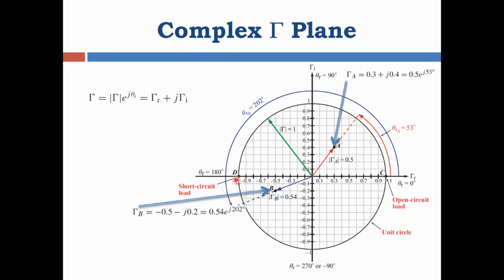And -1 is written as 1 e to the power of j 180 degrees, which is equal to -1. So that is the location of the short circuit. On the right hand side, C is the location of the open circuit.